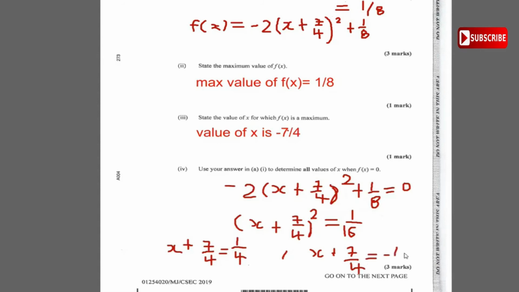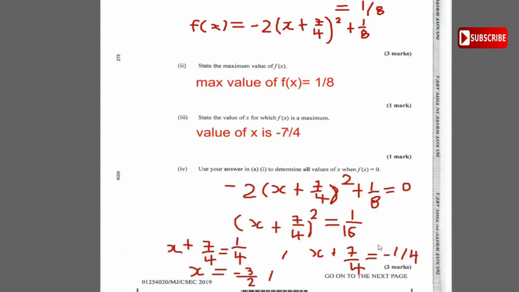Now, all you need to do is transpose for X. Transposing for X, right here, we're going to get X equals a quarter minus 7 over 4, and that's minus 3 over 2.